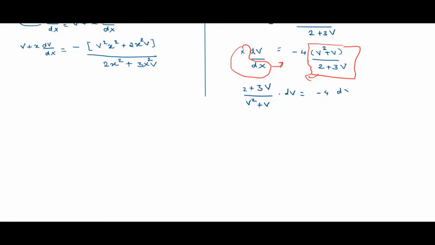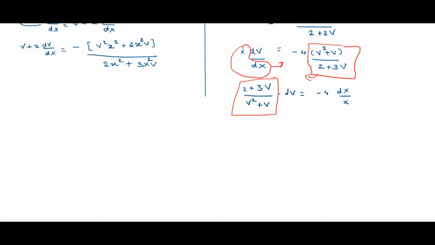If you transpose x by dx to the right hand side, you will get dx divided by x. This is nothing but variable separable form. Now we have to solve this (2 plus 3v) divided by (v square plus v) by using partial fractions.